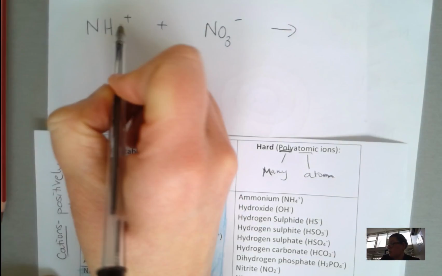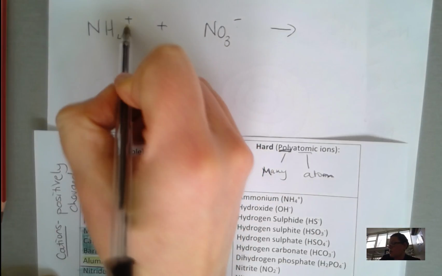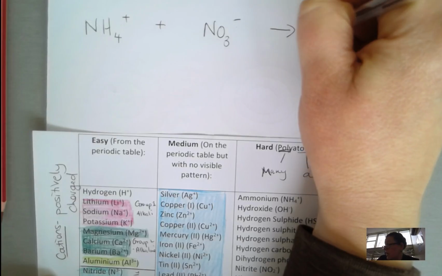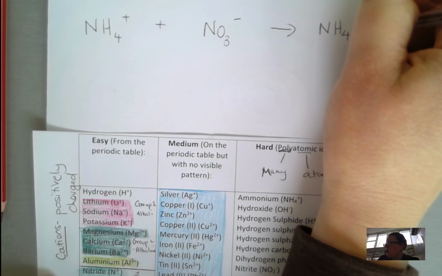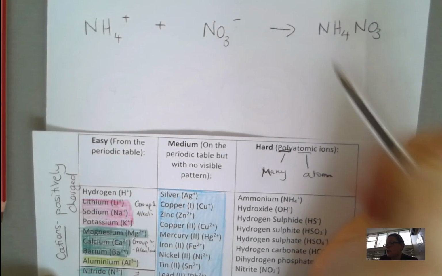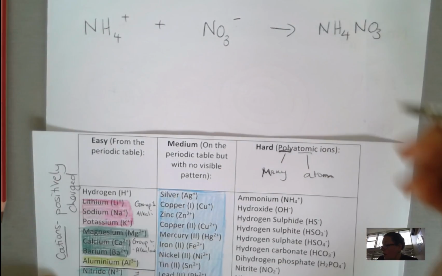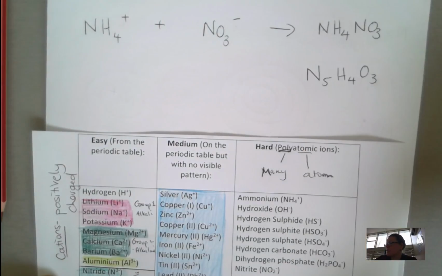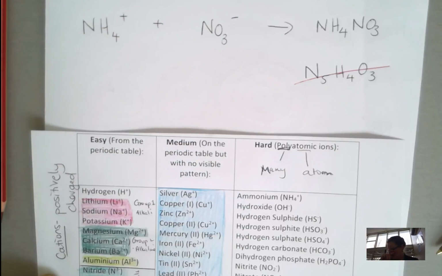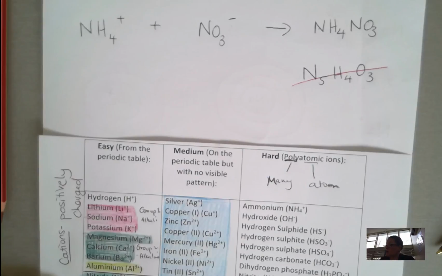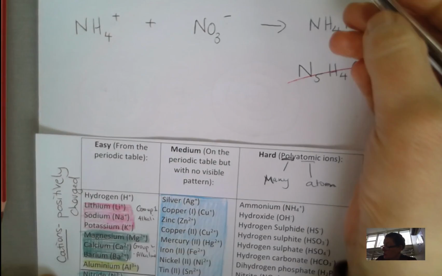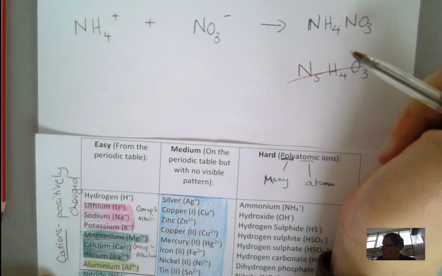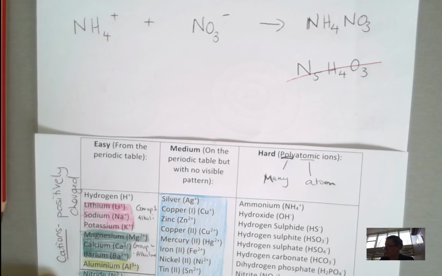The charges are balanced, so this one's got 1 and this one's got 1, so we would write it as NH4NO3. Now, we do not collect the nitrogens together. You would not write N2H4O3, because that is a different compound. So we have 1 ammonium and 1 nitrate.